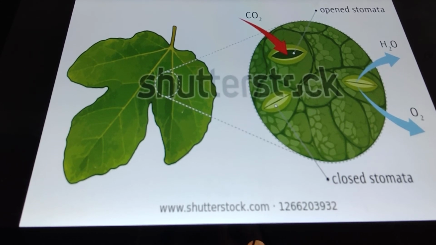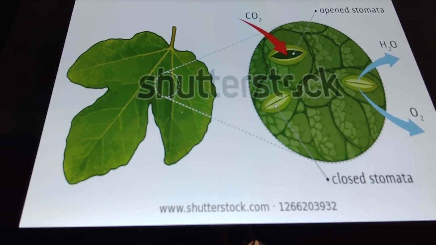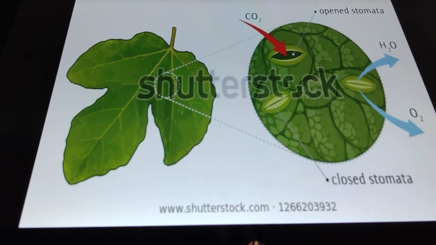Here at the base of the leaf, as I said, in land plants the stomata are present at the lower surface, and in aquatic plants the stomata are present at the upper surface of the leaf.